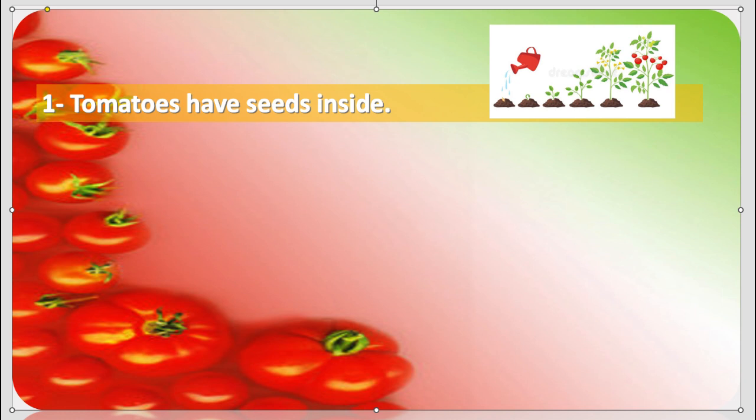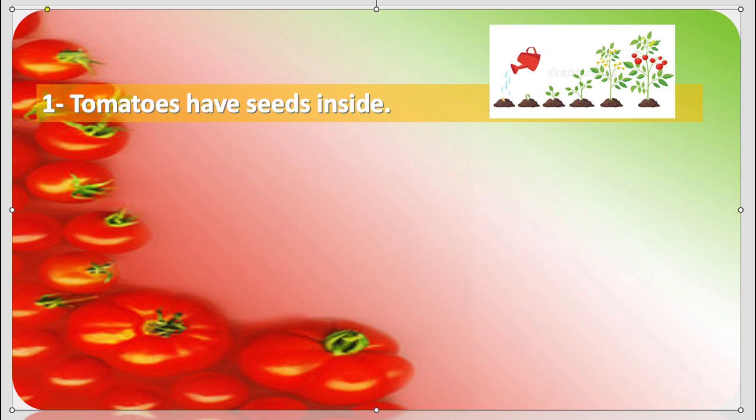The first step, number 1: tomatoes have seeds inside. That's right. You can go to your kitchen right now, bring a tomato, and cut it in half. You're going to see small seeds inside it. We can take these seeds and grow them.